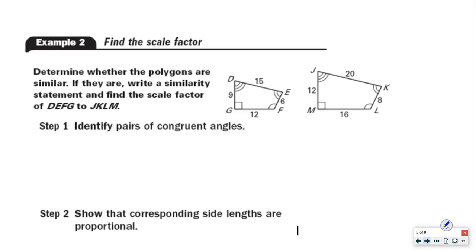Next, we want to find the scale factor. So let's focus in on scale factor. We want to determine whether the polygons are similar. If they are, we're going to write the similarity statement and find the scale factor of these figures, DEFG to JKLM. Step 1, we want to identify pairs of congruent angles.